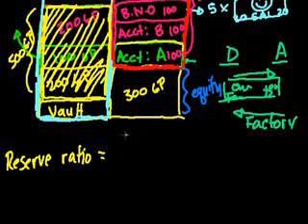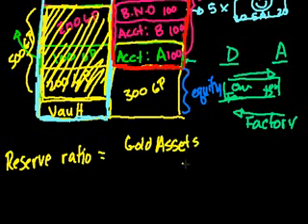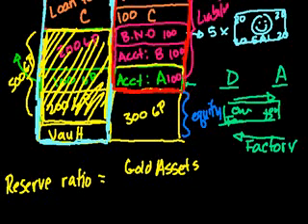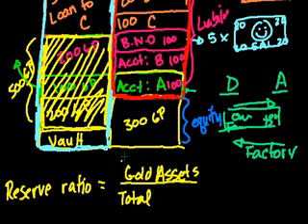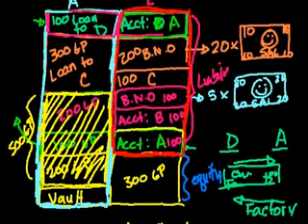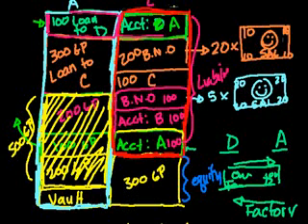The reserve ratio for this bank is the amount of gold assets divided by total, and I don't want to say total liabilities, because the bank could take out loans that aren't demand loans.